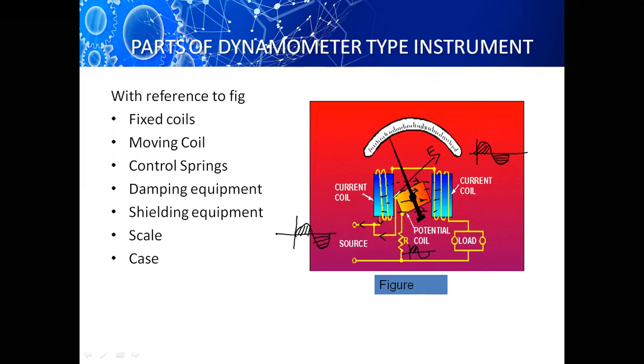Well, let us see what happens when the current in the fixed coil is reversed. When the current in the fixed coil is reversed, the magnetic field direction is no more from left to right as shown earlier. It will get reversed. So the magnetic lines of force will get reversed as shown here.